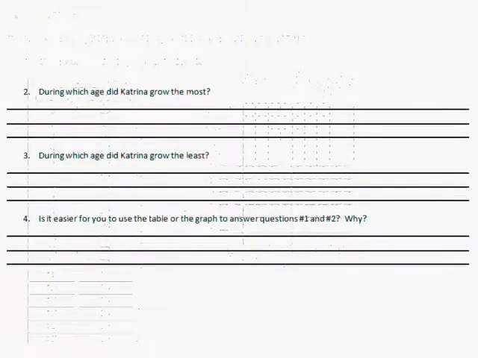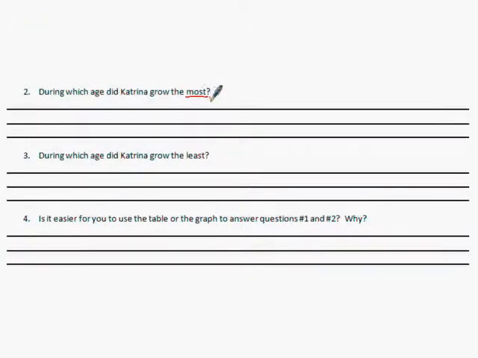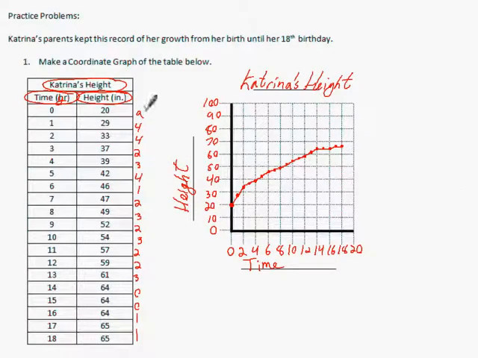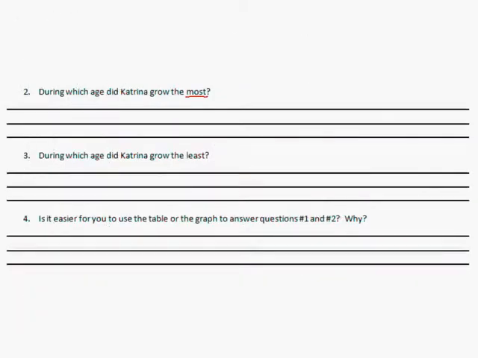We were looking for growing the most, so the highest number here is 9. So from 0 to 1 years old, she grew the most.